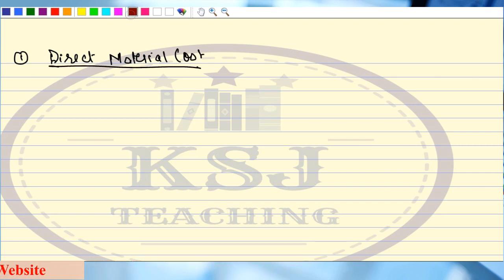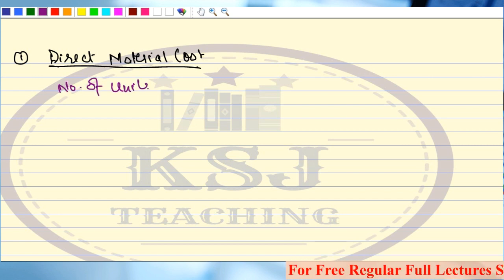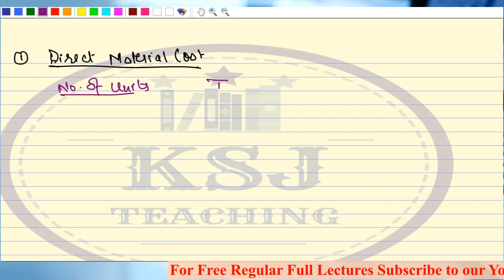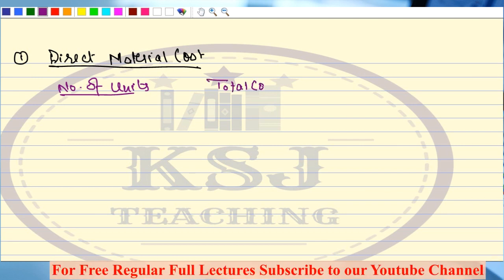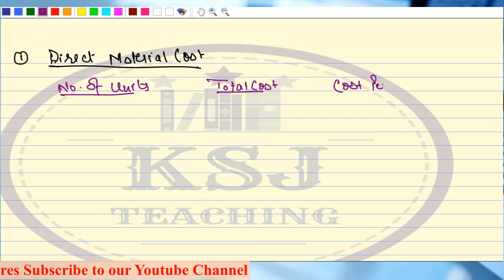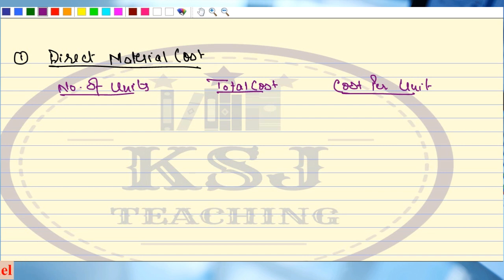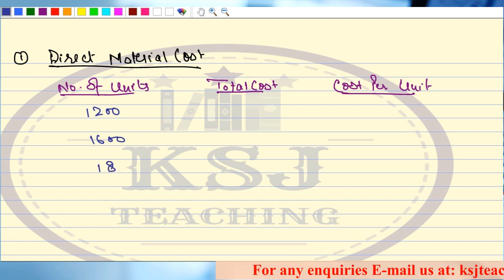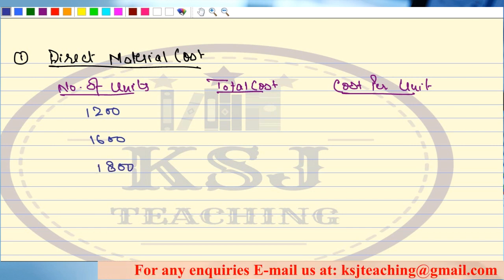I'll take here number of units, total cost and cost per unit. Now the number of units given to us is 1200, 1600 and 1800. Any doubts?